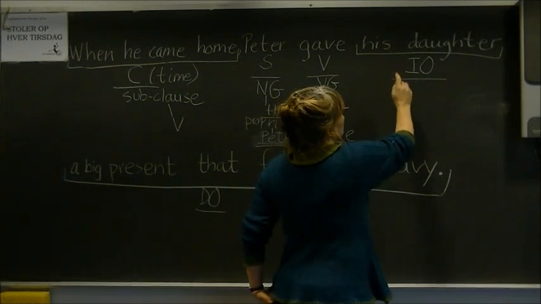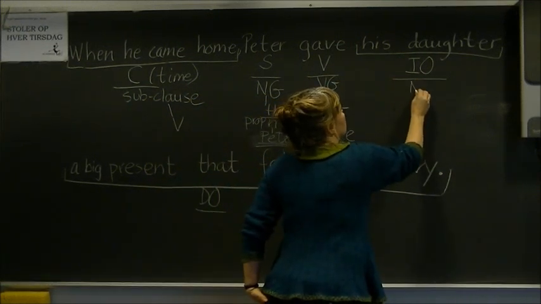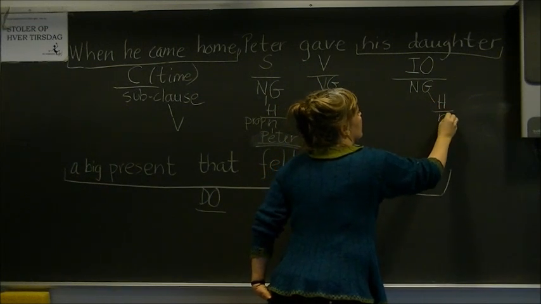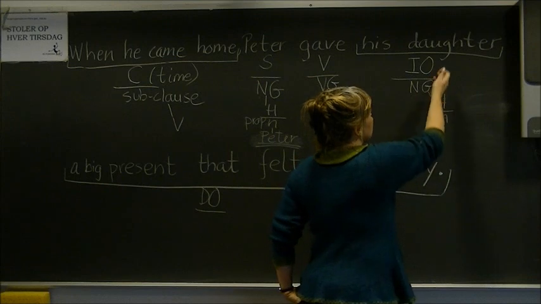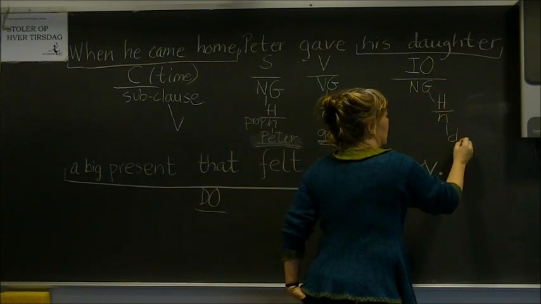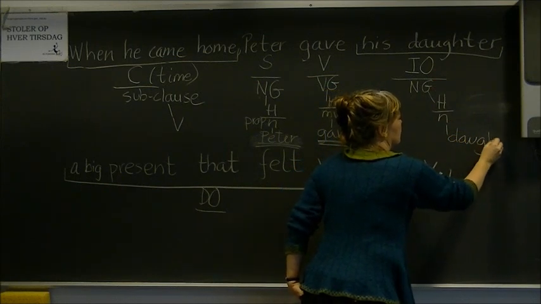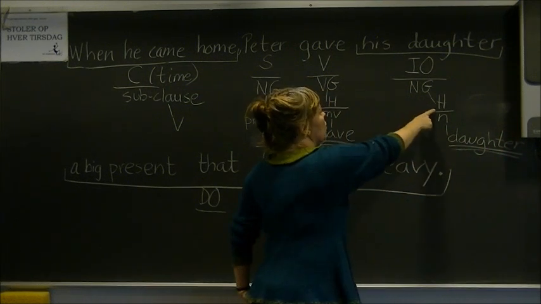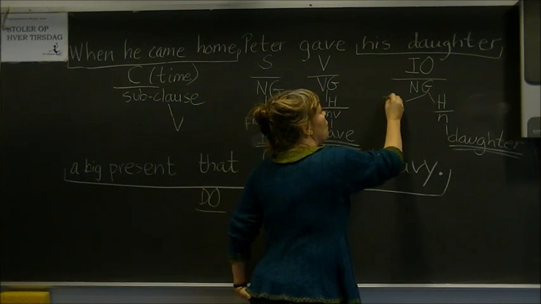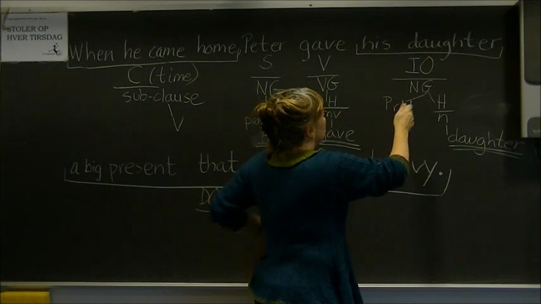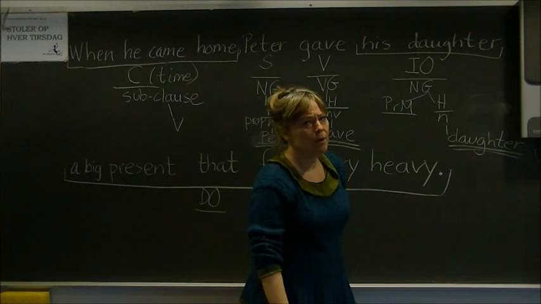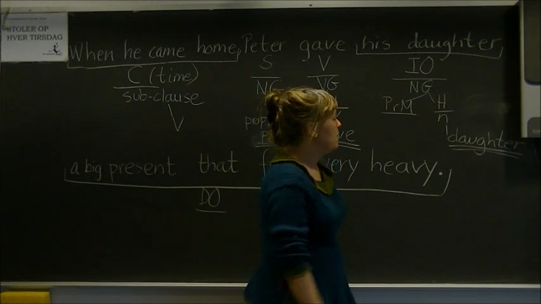Then you've got his daughter, which is also a noun group, because the most important element in here that gives the essential information is daughter, which is a noun. And it's the head, we call it. What you find before the head inside a group is a pre-modifier, and it simply means a describing word that modifies, that describes the head.